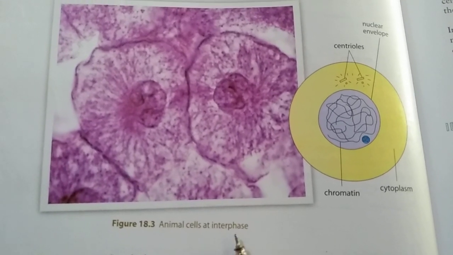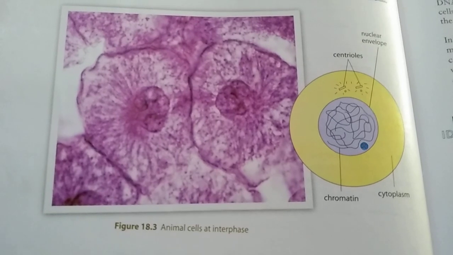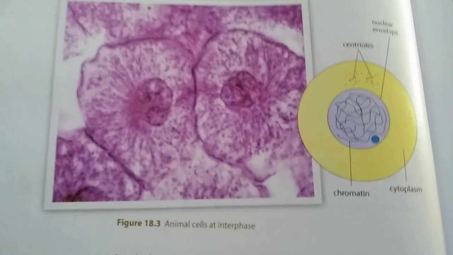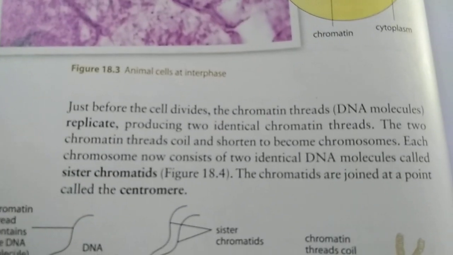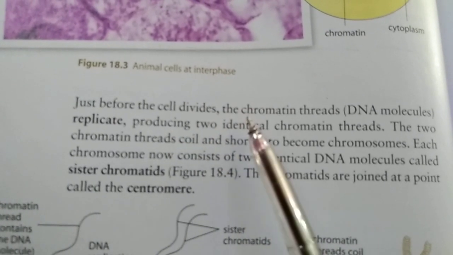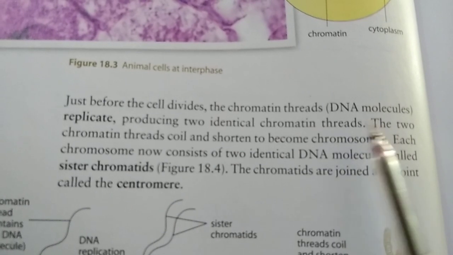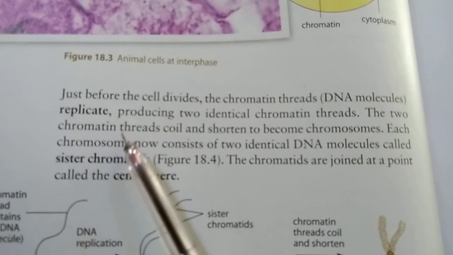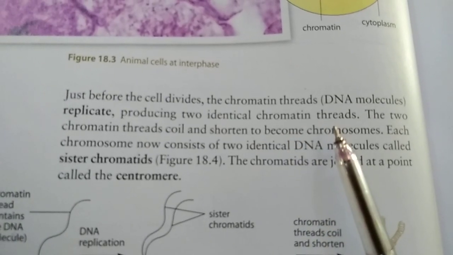Animal cells at interphase. Interphase means resting stage. In this stage, the cell is prepared for cell division. Just before the cell divides, the chromatin threads, the DNA molecules, replicate, producing two identical chromatin threads.